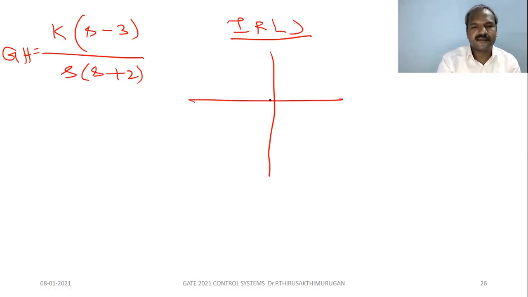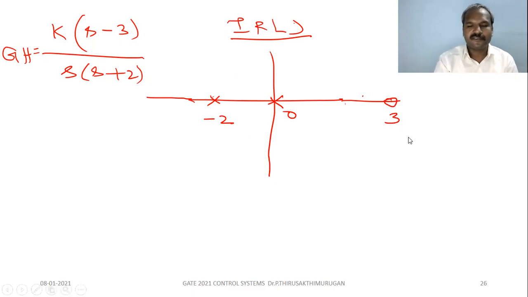First mark the points s equal to 0, then s equal to minus 2, then the pole at 3 on the right side. As per the norms, if you stay here, the number of poles and zeros to the right is even, so there is a branch between these two.